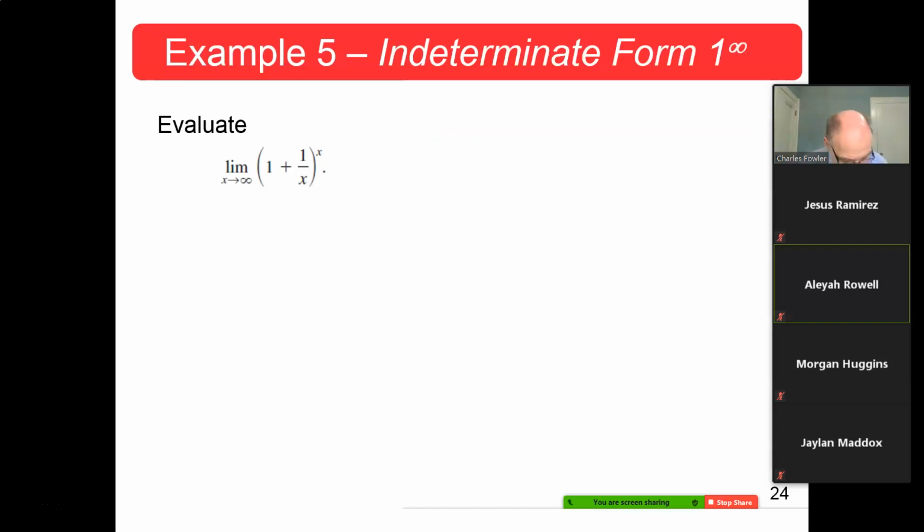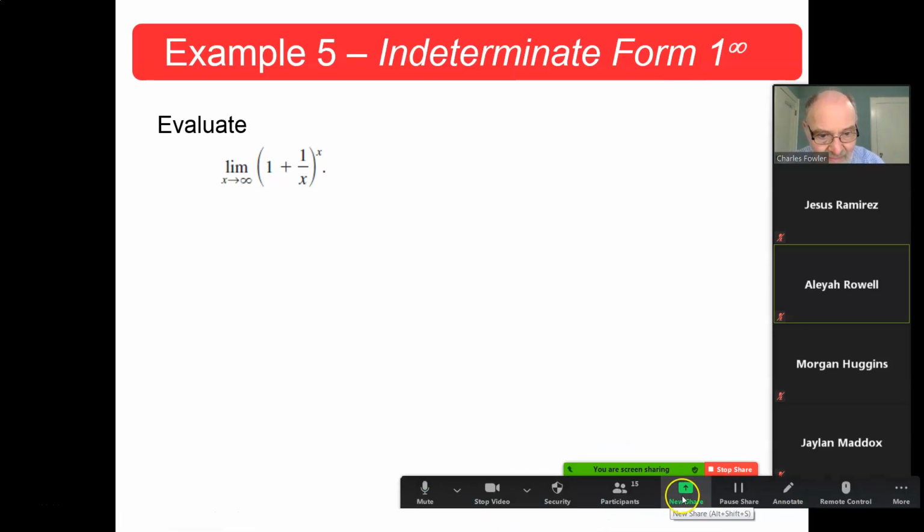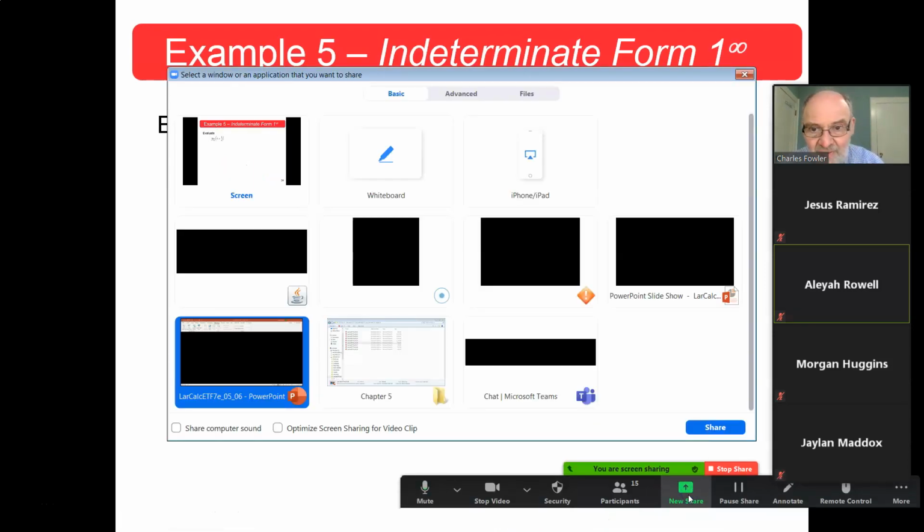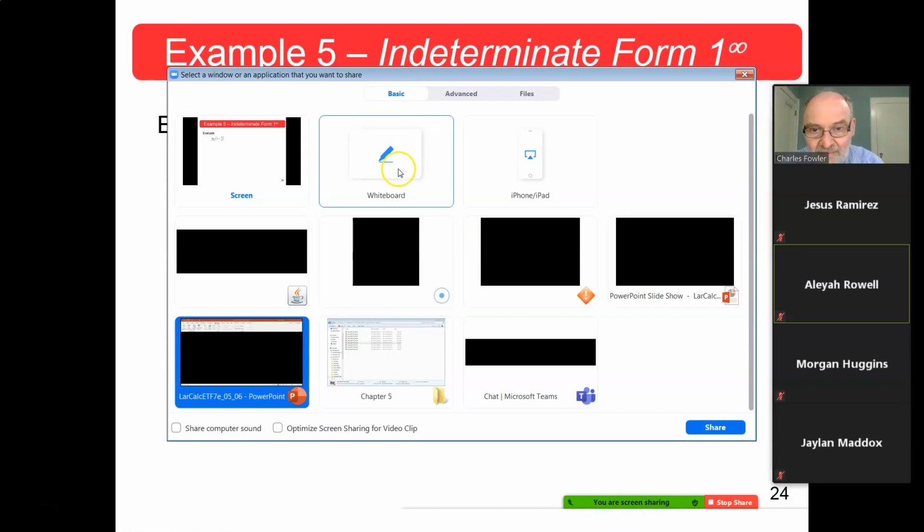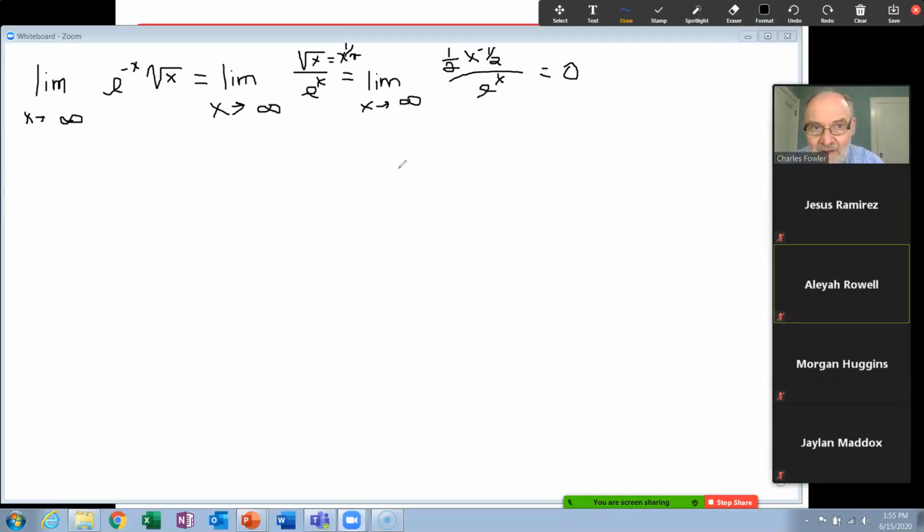Here's example 5. I'm sort of guessing this might be something you want to do on the whiteboard. Is that right? Okay. My cursor sometimes disappears and it's hard to follow. Okay. Let me clear this one out of the way.